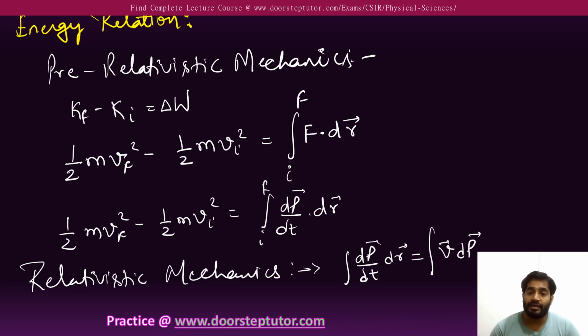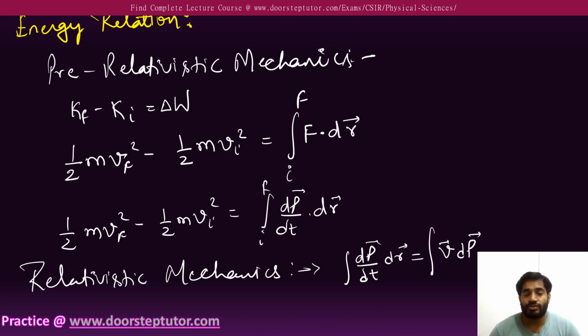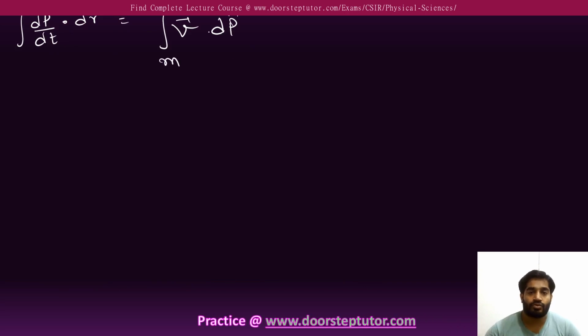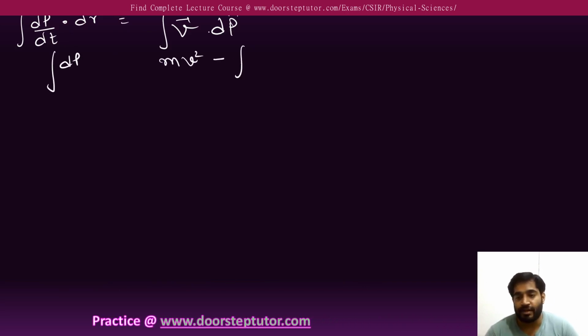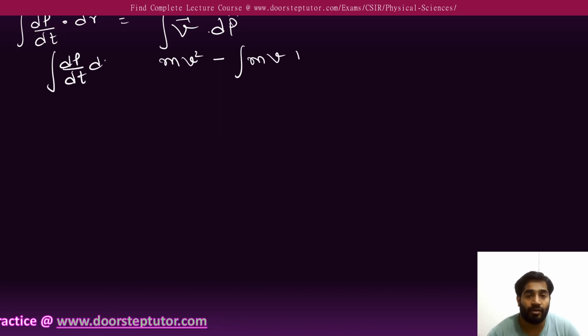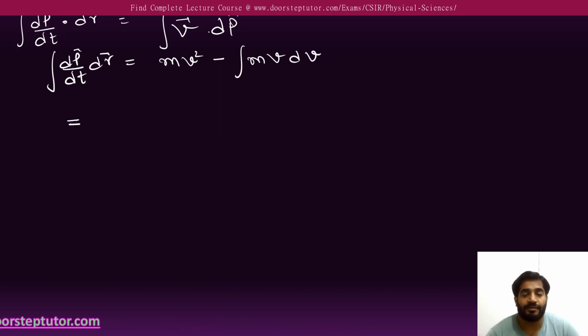In pre-relativistic mechanics we used the concept of constant mass, but here the mass is not constant. So we approach the system with v dp. Remember that dp depends upon the product of mass and velocity, because it's a momentum.